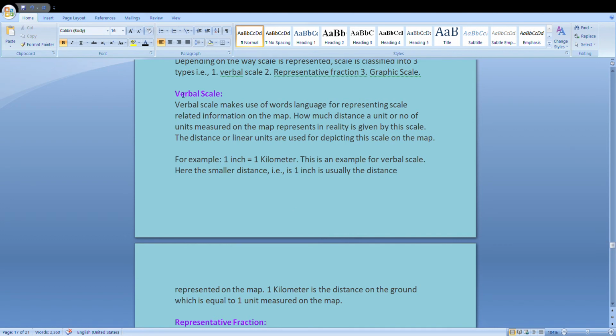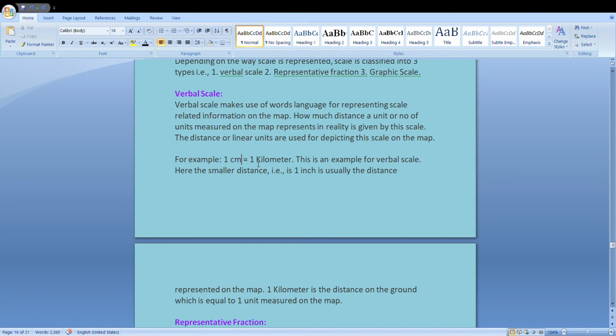One is verbal scale. In verbal scale, we just write a statement like 1 inch is equal to 1 kilometer or 1 centimeter is equal to 1 kilometer. You can write anything. In India, we generally use centimeter. So the example I gave you for your room will be 1 centimeter representing 1 meter, because rooms are generally measured in meters.